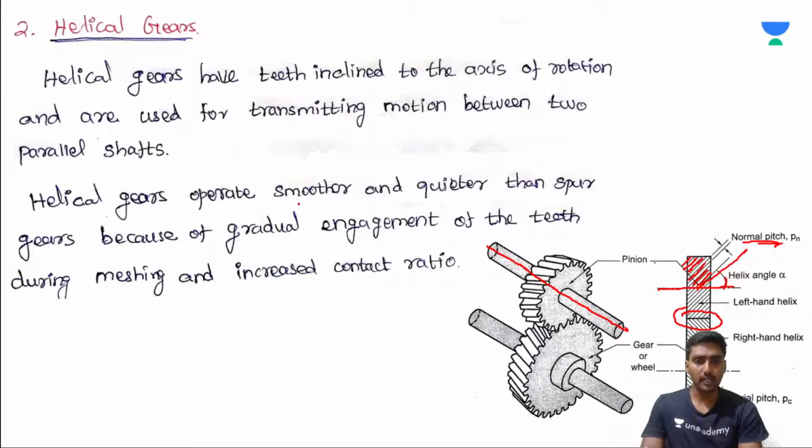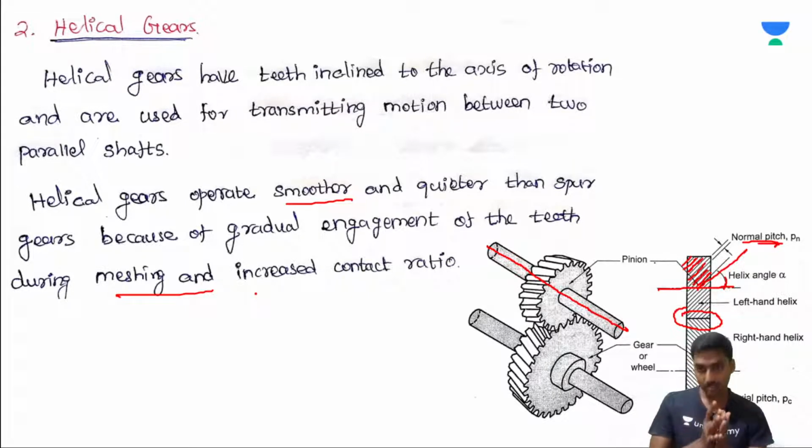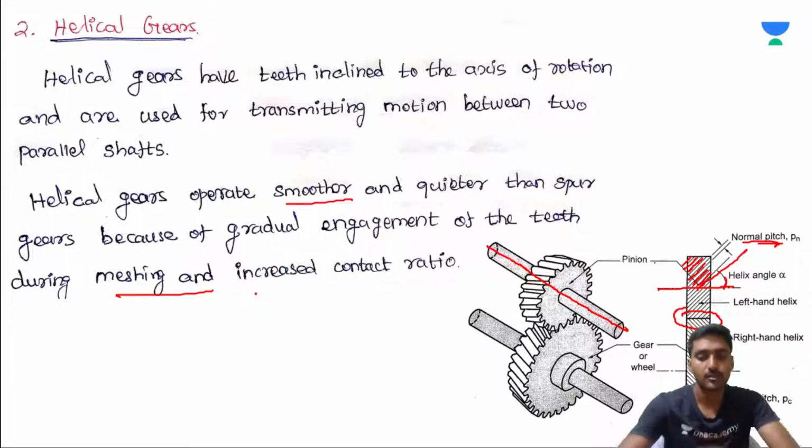Helical gears operate smoother and quieter than spur gears because of gradual engagement of the teeth during meshing and increased contact ratio. Here, helical gears are used for smoother as well as quieter applications.